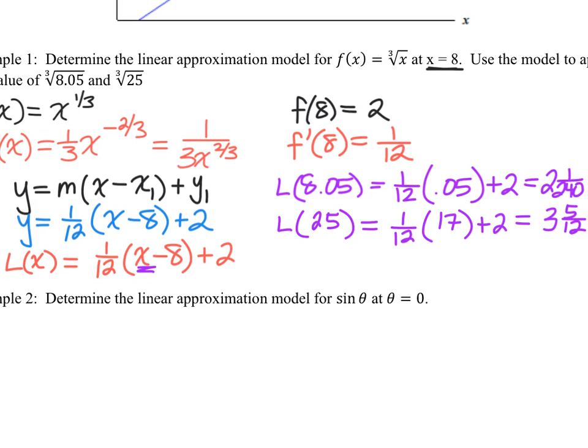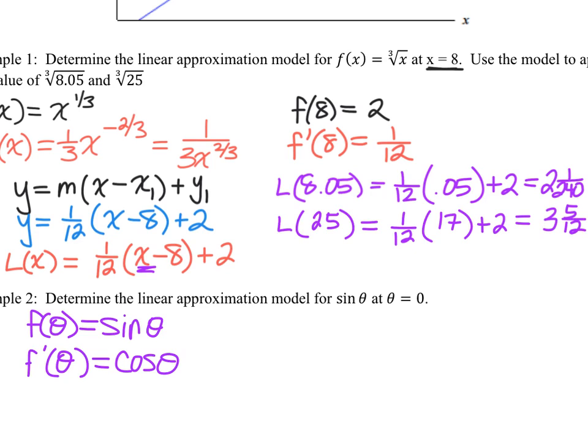So we're looking at f of theta is equal to the sine of theta. I need f prime of theta, which would be cosine of theta. I need f of 0 and f prime of 0, because that's our given value.